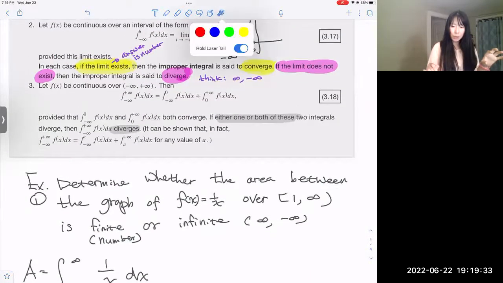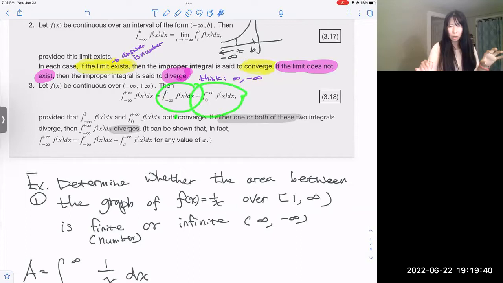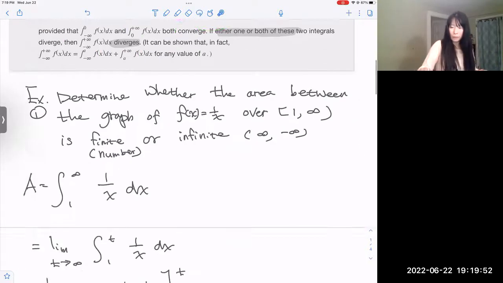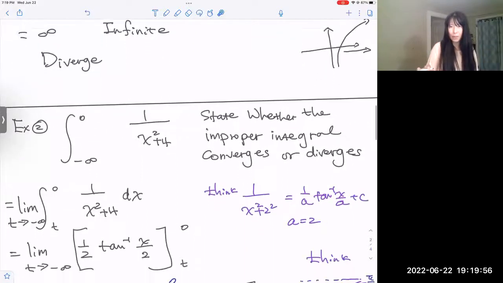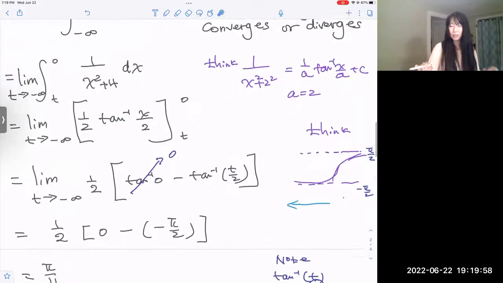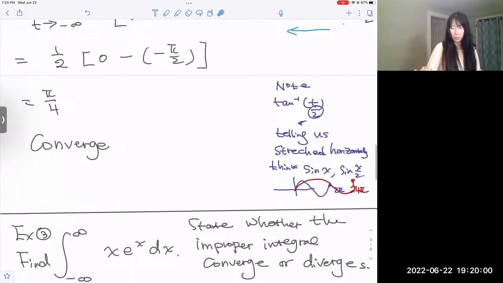So we split it by definition: negative infinity to 0, and another term with the addition, 0 to positive infinity. Now, those negative infinity and positive infinity bounds, we change to t. Then we take the limit.